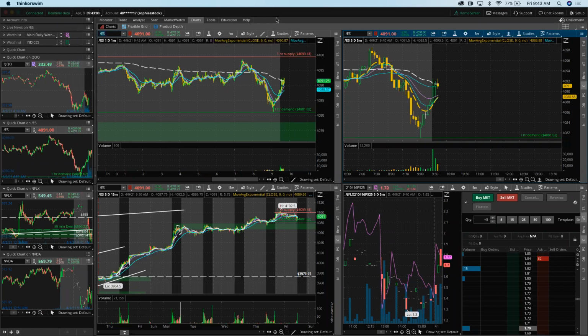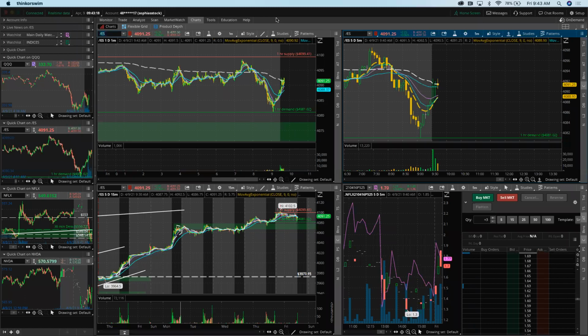Yeah, man, sellers are definitely at the party, but they're not retracing any moves substantially at all yet. Right now we're seeing the buyers have control of the session so far.